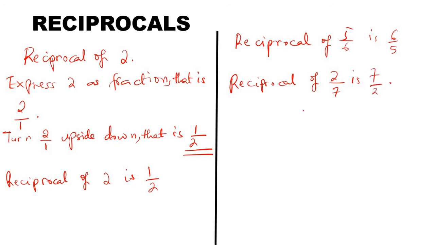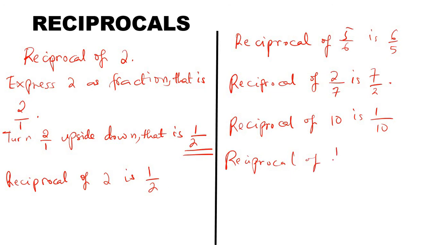Is that clear? The reciprocal of 10 is 1 over 10, while the reciprocal of 1 over 10 is 10. So both are reciprocals of each other. So that is it for reciprocals.